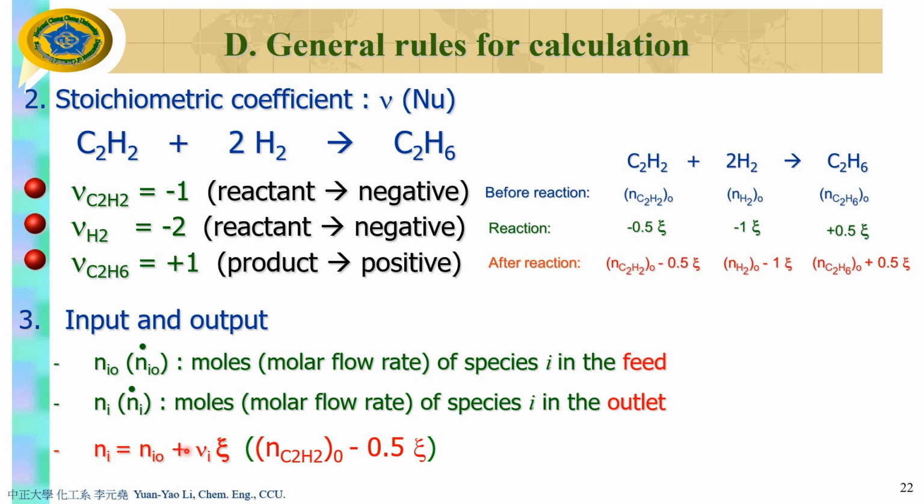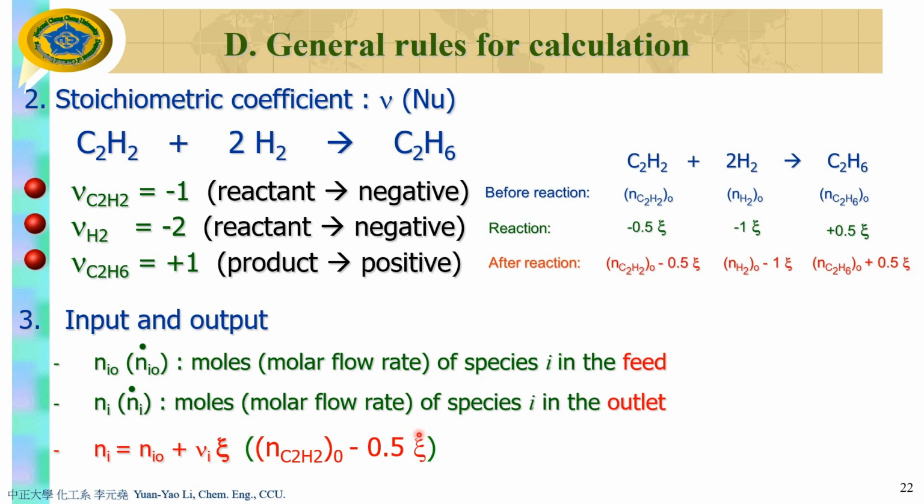This Ni equals Ni0 plus nu times Xc. What is this nu? The stoichiometric coefficient. It can be 1, minus 1, minus 2. And Xc is the extent of reaction. It can be 60% or 0.6, 0.3, 0.5, for example.